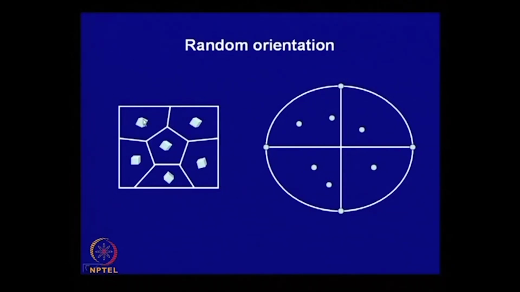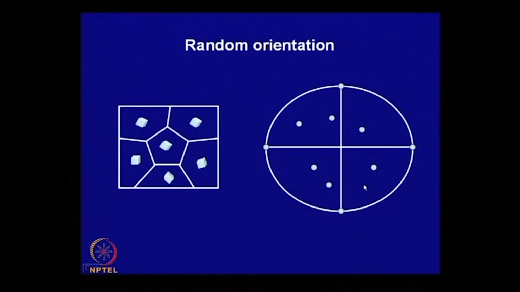But for this one, the cube axes are tilted. So, for this crystal, this will be arranged, say maybe one here, one here, one here. There are 3 mutually perpendicular directions. Similarly, for another crystal, let us say this is this.